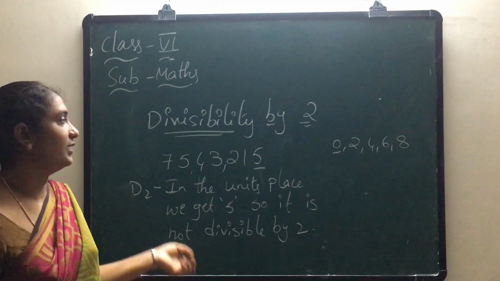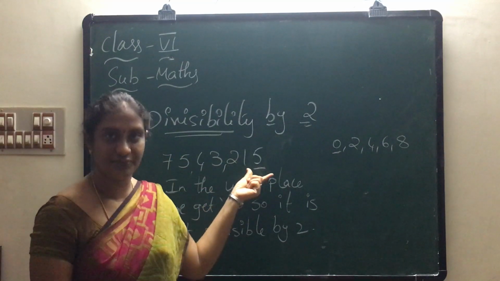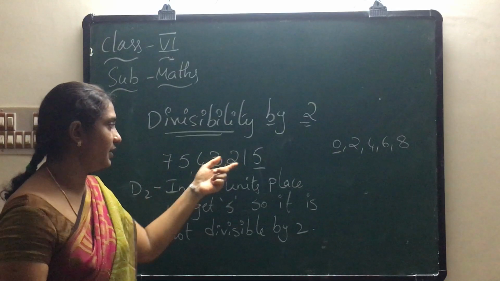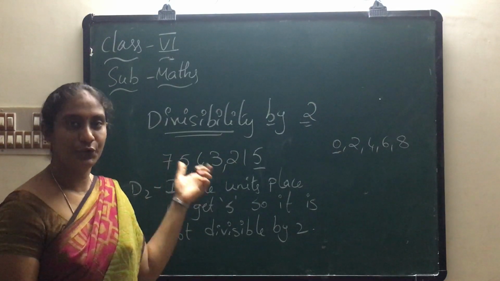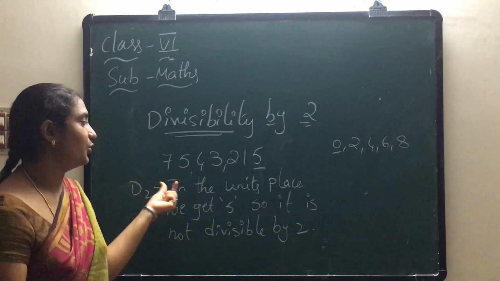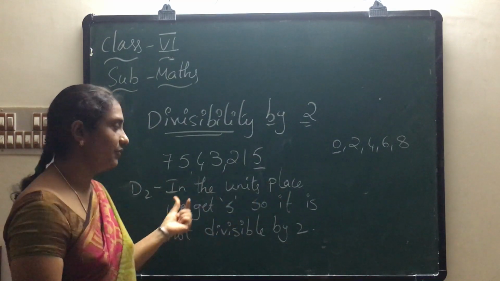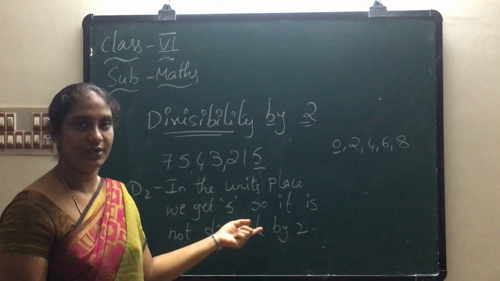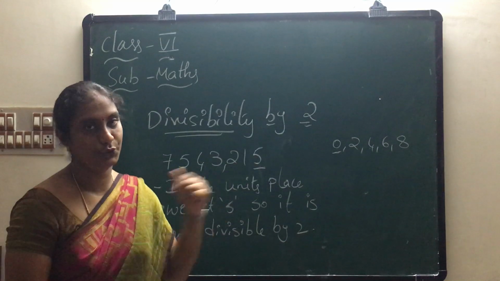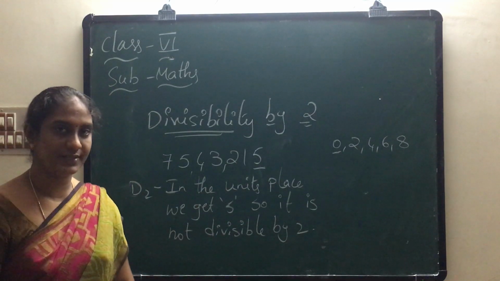Once again I am telling, in the ones place we got 5, so the total number is not divisible by 2. Okay? D2. In the units place we get 5. So it is not divisible by 2. Okay children, do you understand?